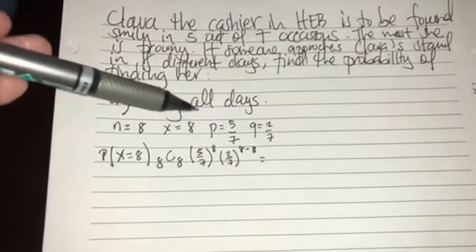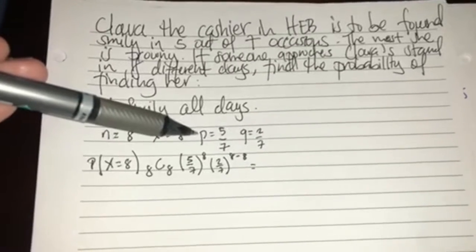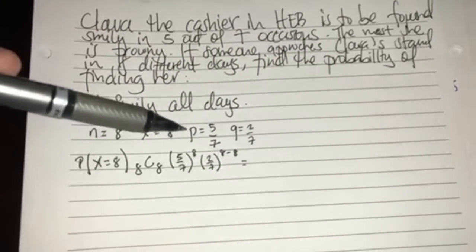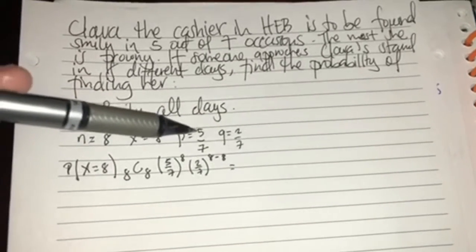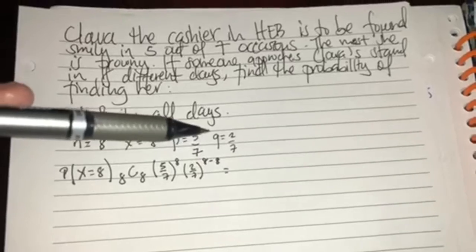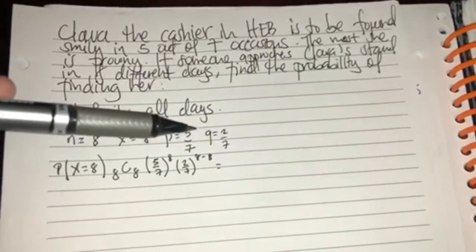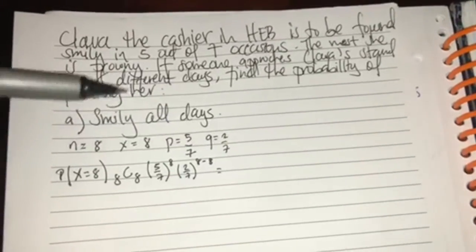Then you plug in the probability of Clara's stand being smiley, which is 5 out of 7.